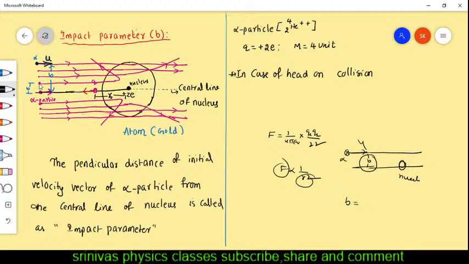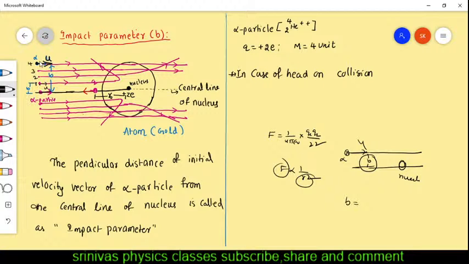For example, there are 4 alpha particles: 1, 2, 3, 4. In case of the first alpha particle, this is the central line, right? The first alpha particle's distance from the central line is less, so the impact parameter is less. Impact parameter is nothing but the perpendicular distance of the initial velocity of the alpha particle from the center line, which is b.